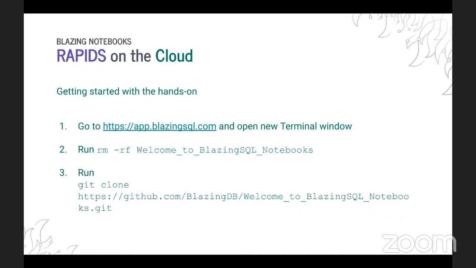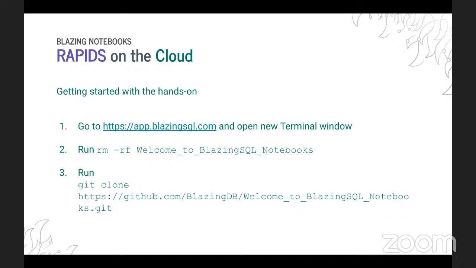Before we go to app.blazingsql.com, let's go through what we need to do first. If you're joining us for the first time, you don't need to go through all of these steps. You go to app.blazingsql.com, log in with your Google credentials, and you should be ready to go.